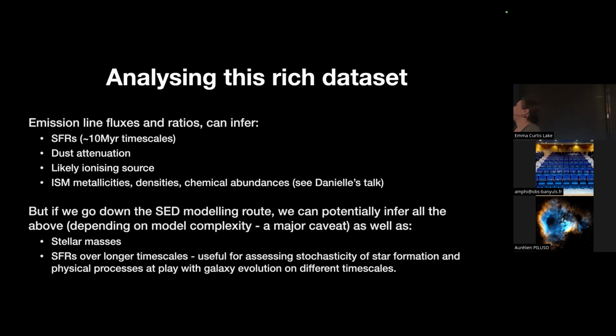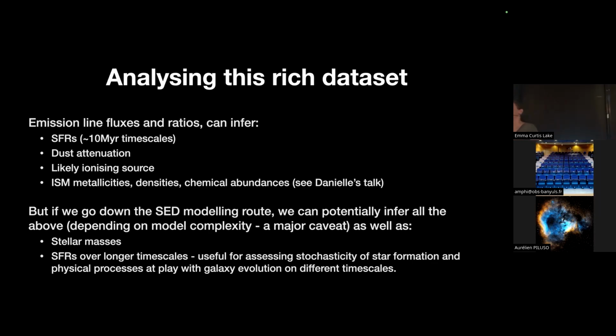So moving on to analyzing this rich data set, we've gone from having very sparse data to having this incredibly rich data set, and we want to learn about galaxy evolution. We can do things now that we've got spectra, or even just with the images, we can infer things from emission line fluxes themselves, maybe star formation rates.